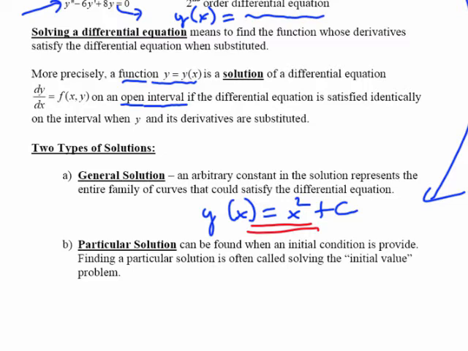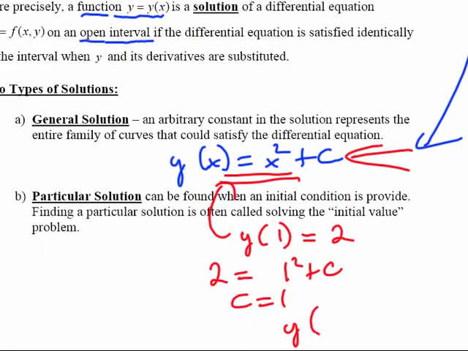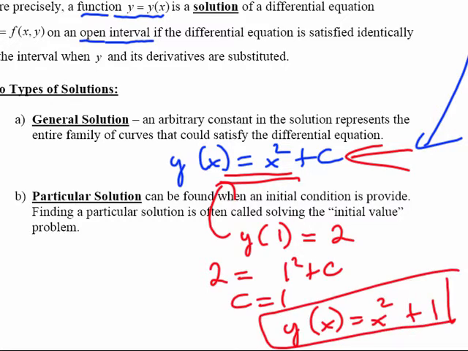So if we had been told in the case of this particular function that my initial condition, my starting value, my known piece of information was that when x was 1, y was 2, I would then be able to substitute into this general solution in order to come up with a particular solution for my differential equation.